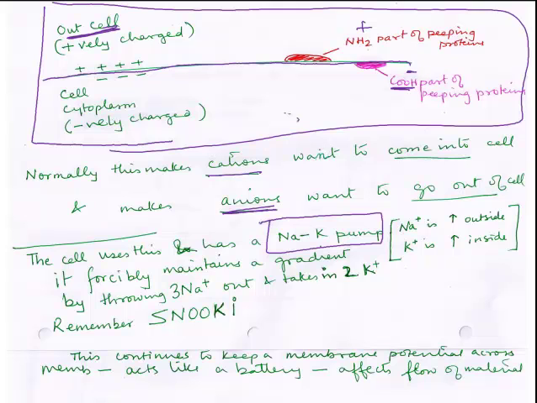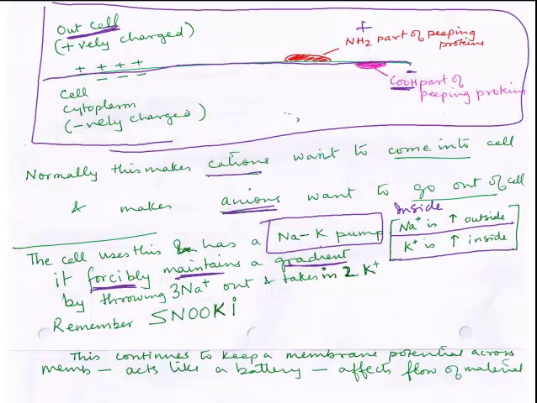Normally, inside a cell, the sodium is high on the outside and the potassium is high on the inside. In which case the sodium should come in and the potassium should go out, right? But the cell forcibly maintains a gradient.